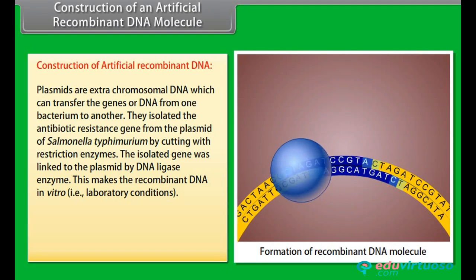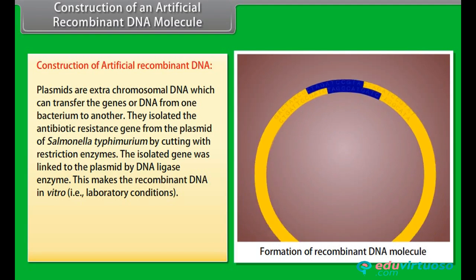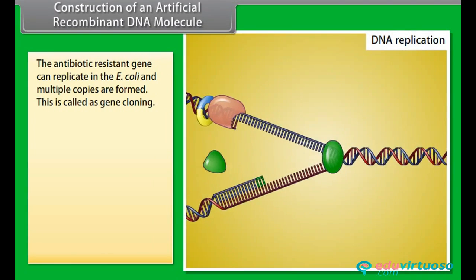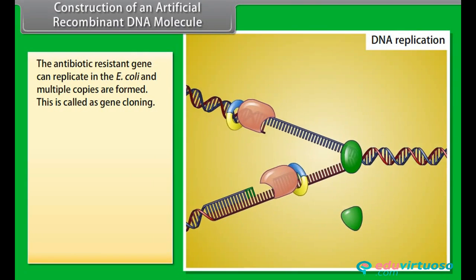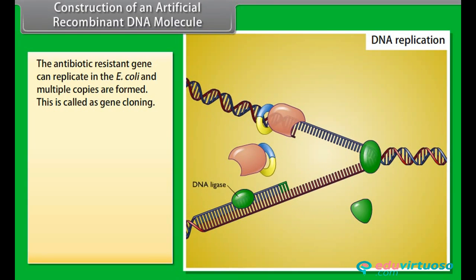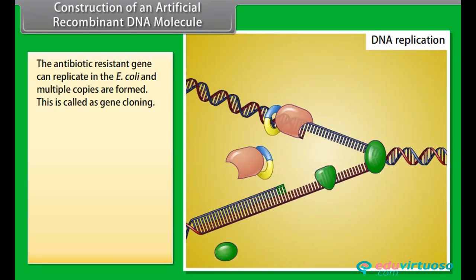This makes the recombinant DNA in vitro, that is, in laboratory conditions. This recombinant DNA was transferred to the bacterium Escherichia coli, closely related to Salmonella. The antibiotic resistance gene can replicate in the E. coli and multiple copies are formed. This is called gene cloning.